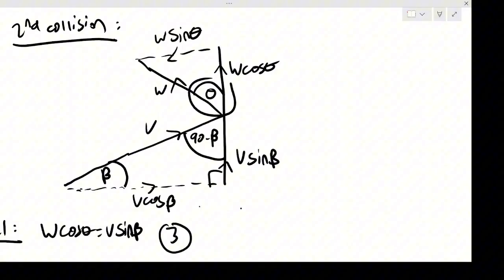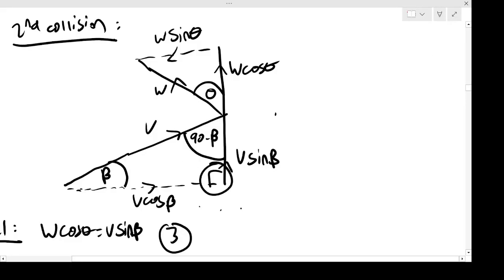And very quickly, theta is also less than 90 because this angle here, 90 minus beta, is less than 90 because this angle is 90 degrees. It's a right angle triangle, meaning the remaining angles in the triangle are forced to be less than 90. So this is less than 90. So the angle after the collision, theta, is also less than 90 because in any given collision, the angle is reduced very quickly.